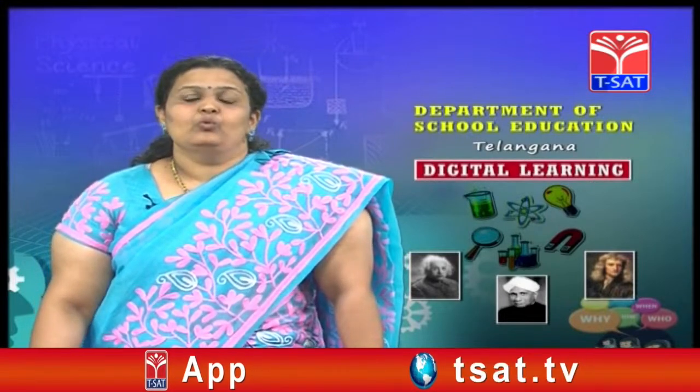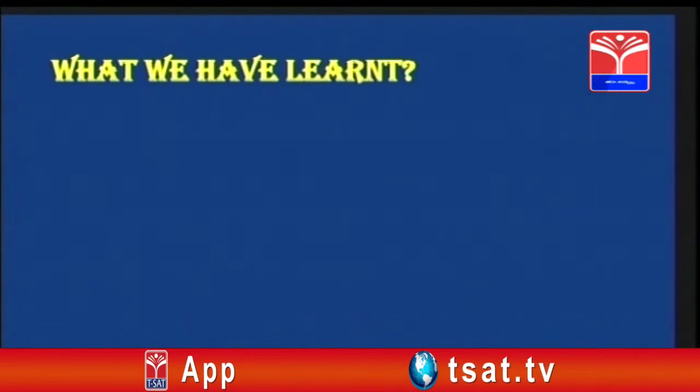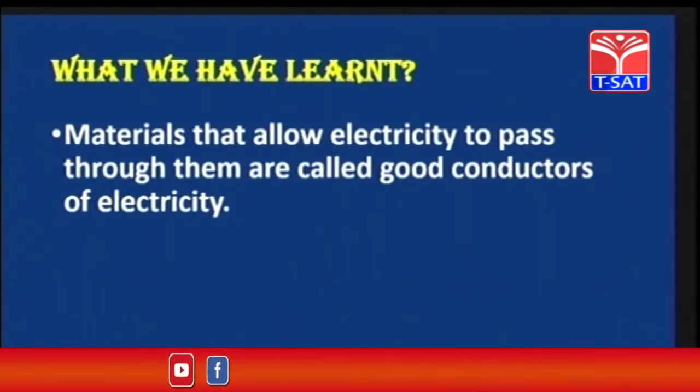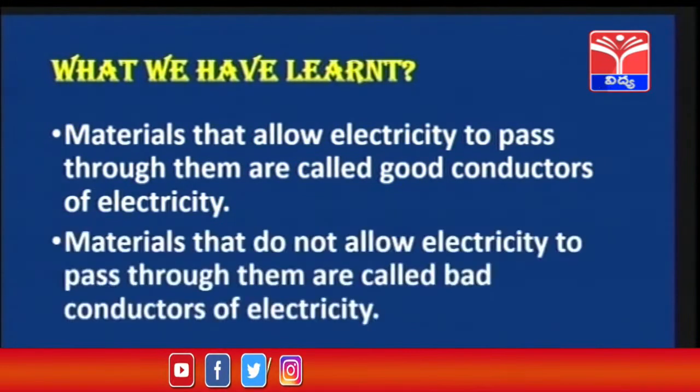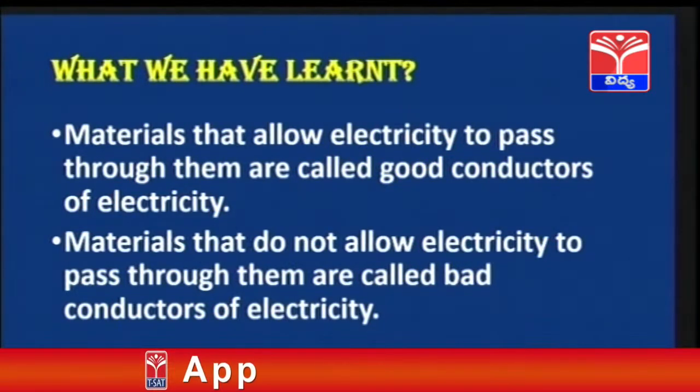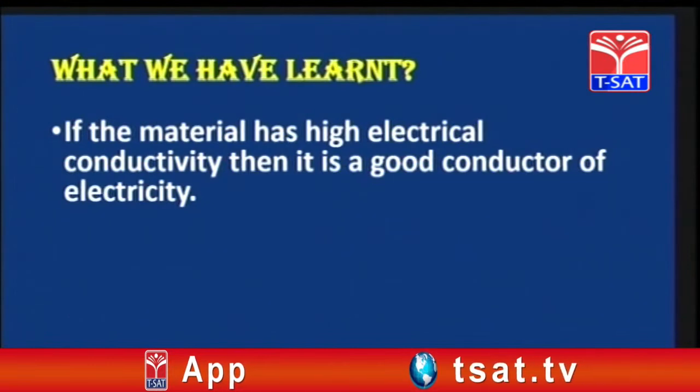Now let us see what we have learned in today's session. Materials that allow electricity to pass through them are called good conductors of electricity. Materials that do not allow electricity to pass through them are called bad conductors of electricity. Learn these definitions, children. If the material has high electrical conductivity, then it becomes a good conductor of electricity.